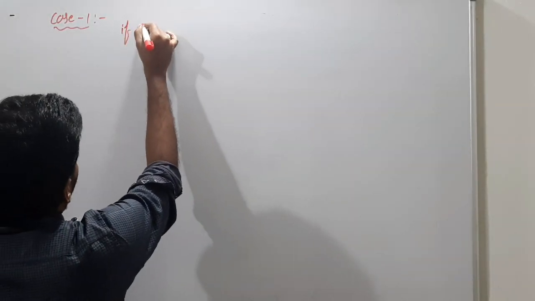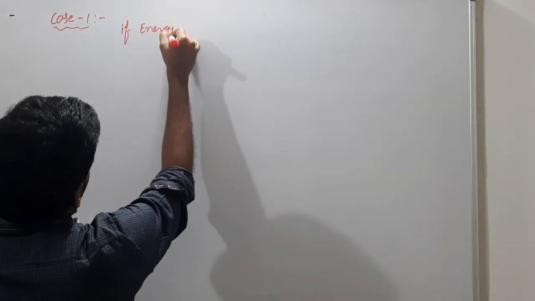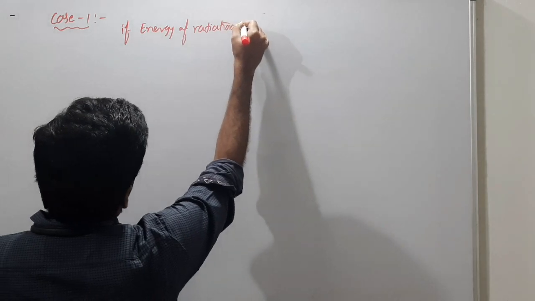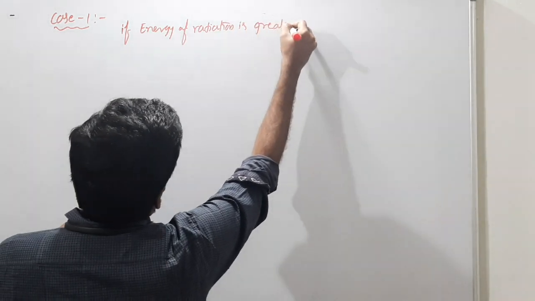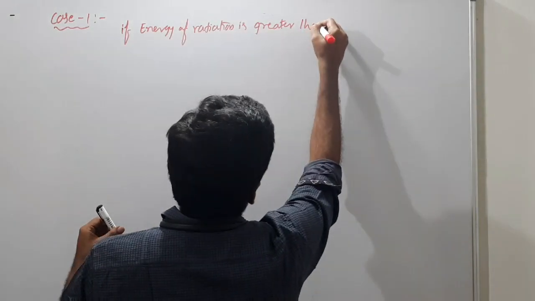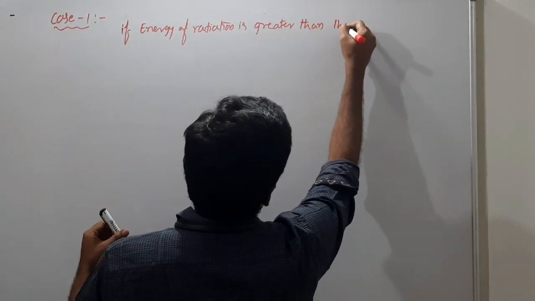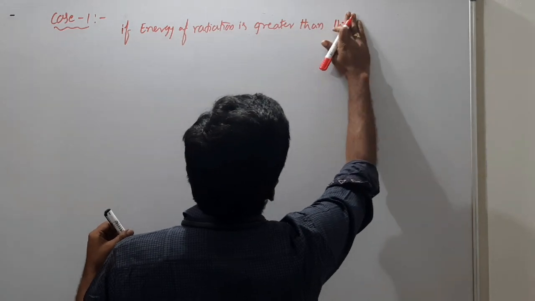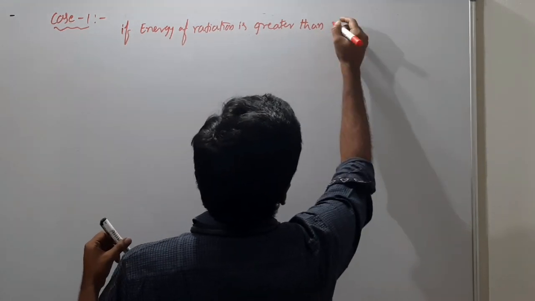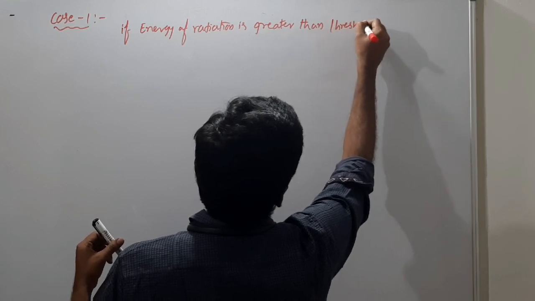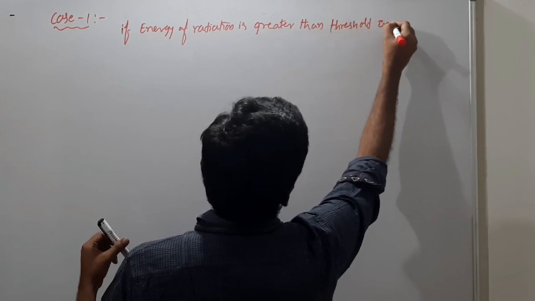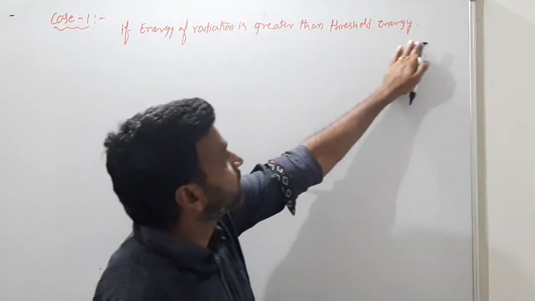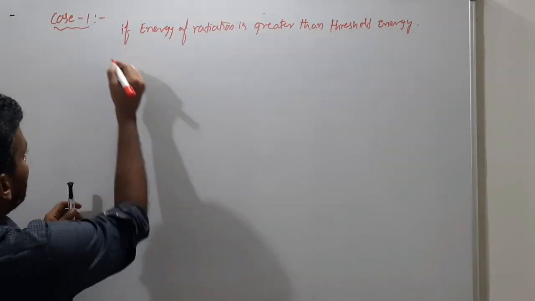If the energy of radiation is greater than the threshold energy. What is the threshold energy? If the energy of radiation is greater than the threshold energy, then what happens?